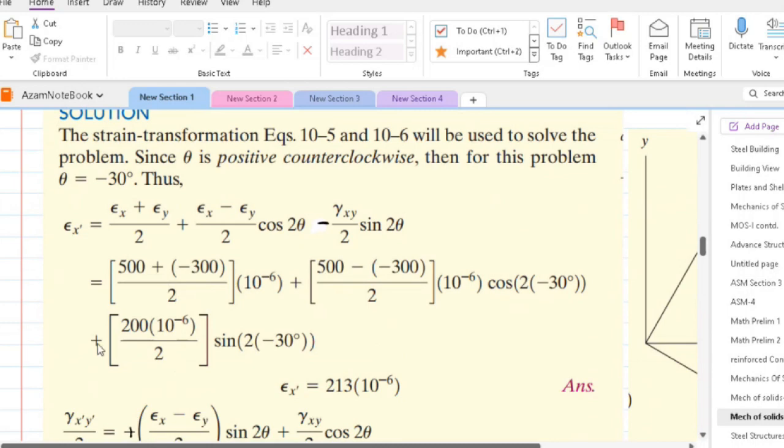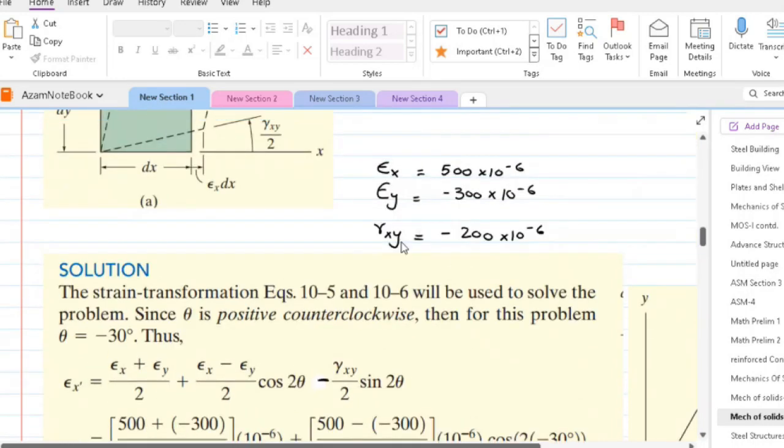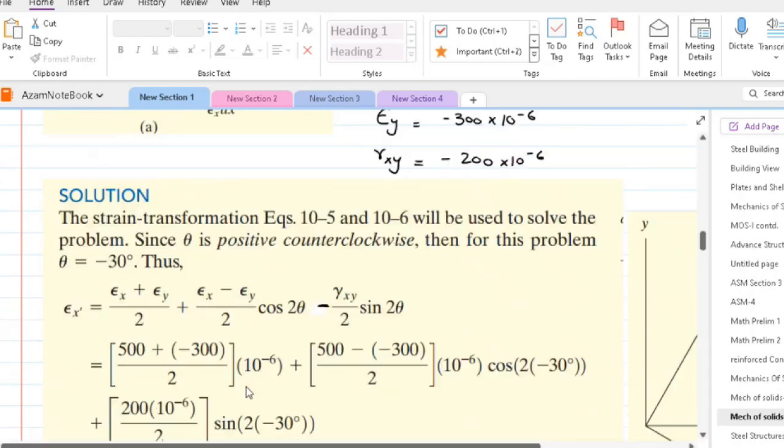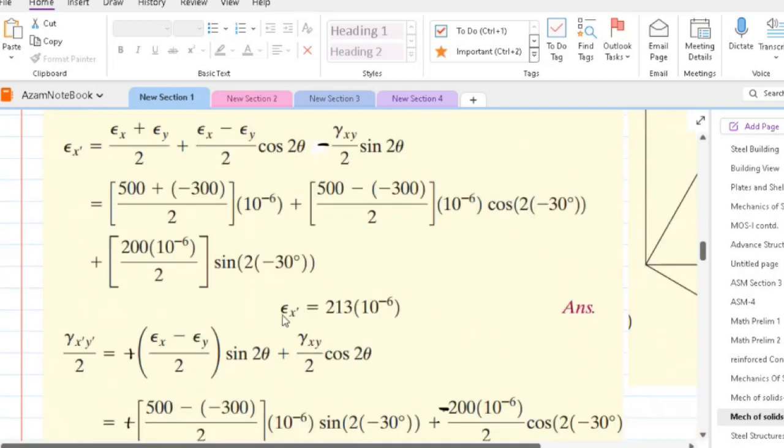The third term has become positive because gamma xy as per our sign convention is negative, and that negative with the negative appearing in the expression becomes positive. Thus, solving this expression, we will get strain x prime is equal to 213 into 10 raised to power minus 6.